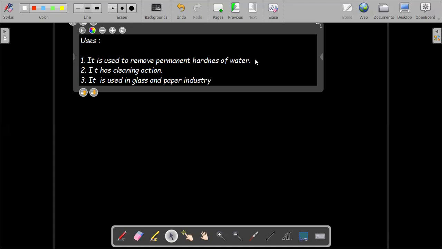Okay, so what are its uses in the glass and paper industry? In the glass and paper industry, sodium carbonate is used for the manufacturing of glass. Right. So let's see some questions based on this. For whatever we have learned, we'll just see some questions.